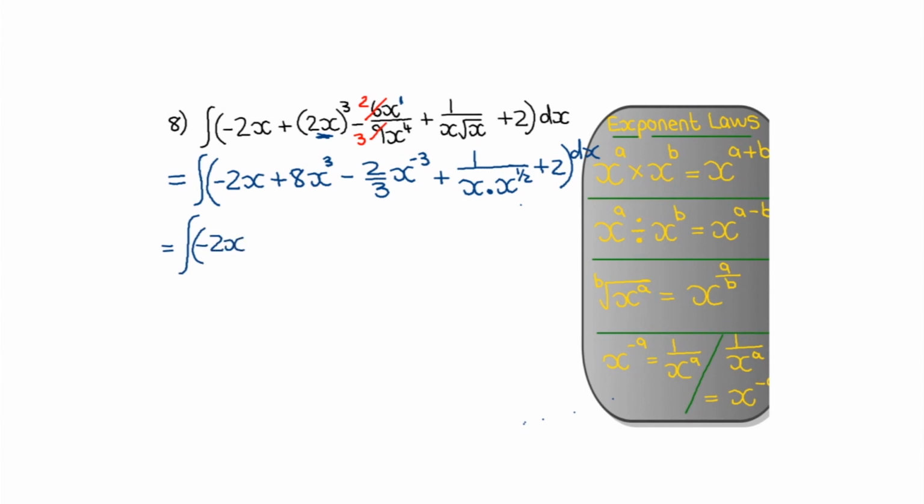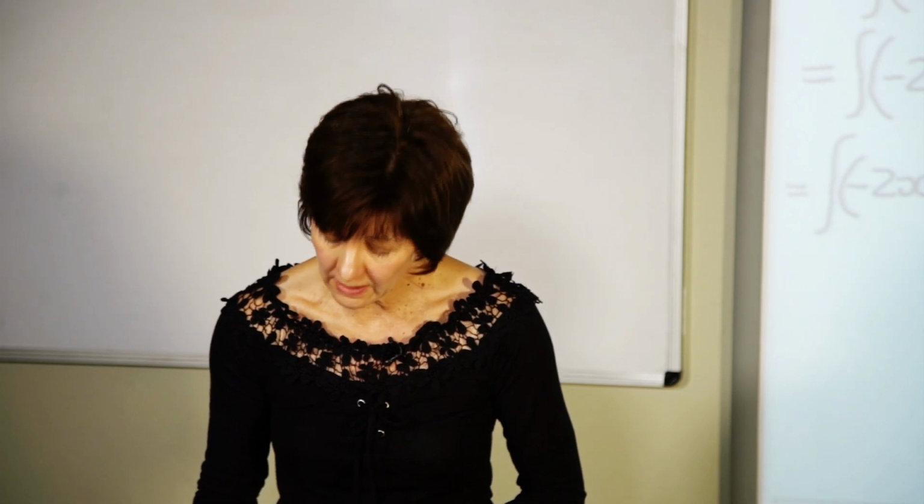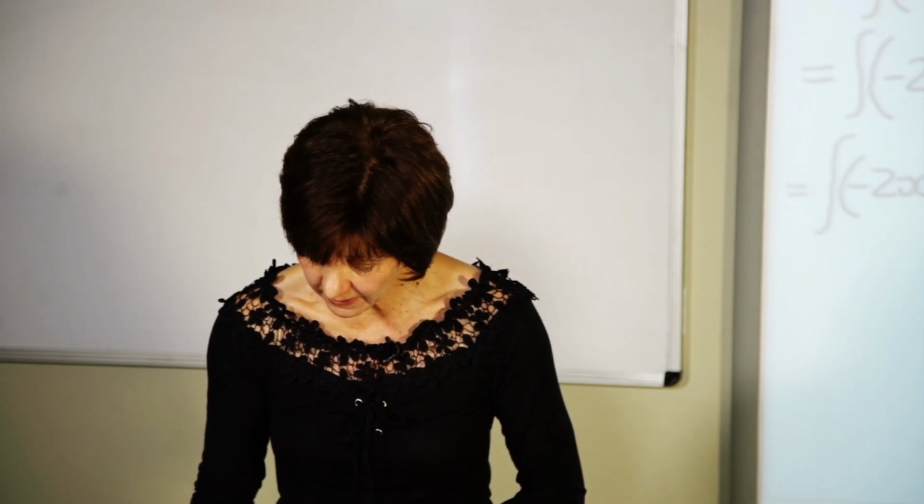Let's rewrite. This term, no problem. Next term, no problem. Next term, this one is fine because the x to the power -3 is in the numerator. That's no problem. But here, I still have to add up the exponents to enable myself to multiply these two powers.